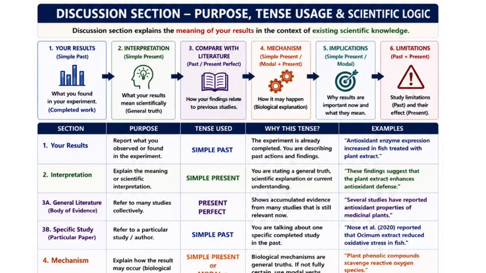Now we use the present perfect tense to connect the past experiments to the present. When we use the present perfect tense, it means the results from past studies still have relevance to the present research.